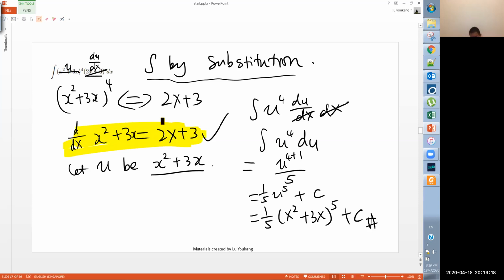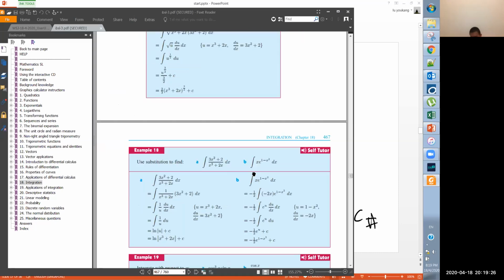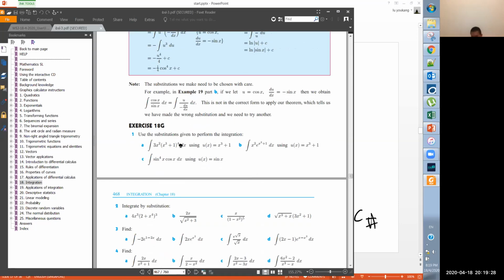If it's not valid, you cannot use integration by substitution. Let's take a look at another example. By the way, they will show you the substitution you need to use, so that means it's quite friendly.